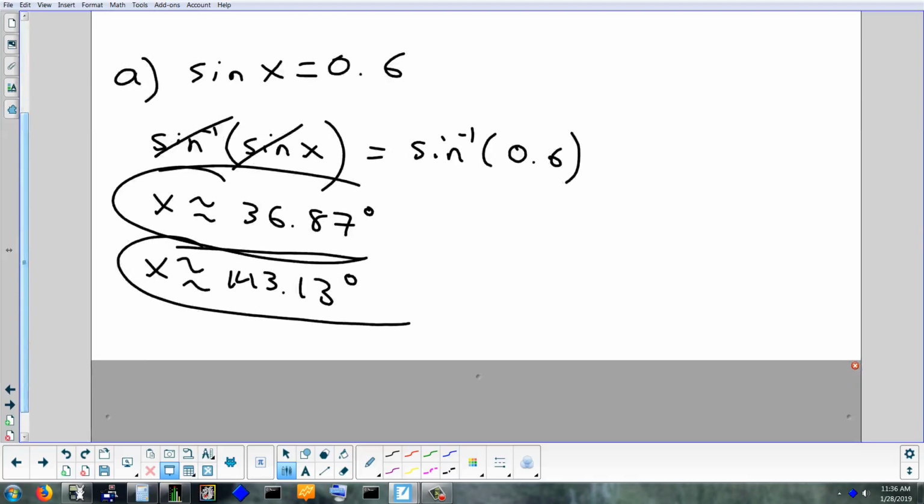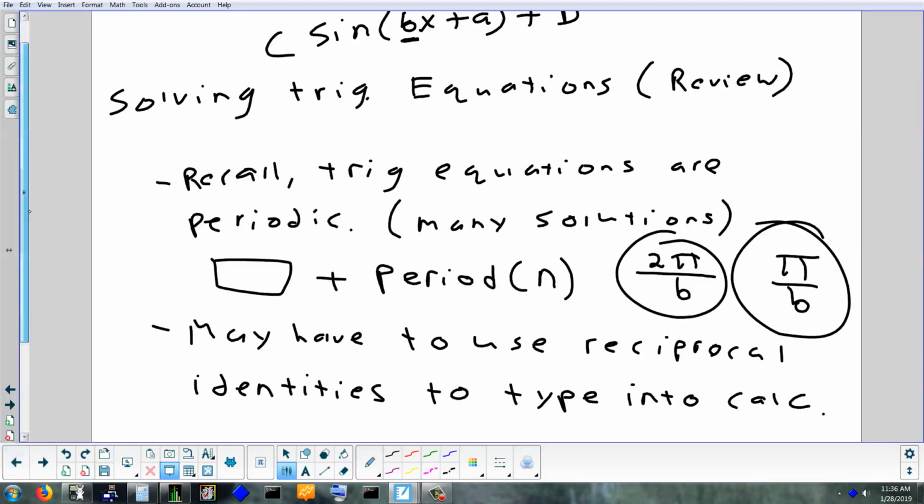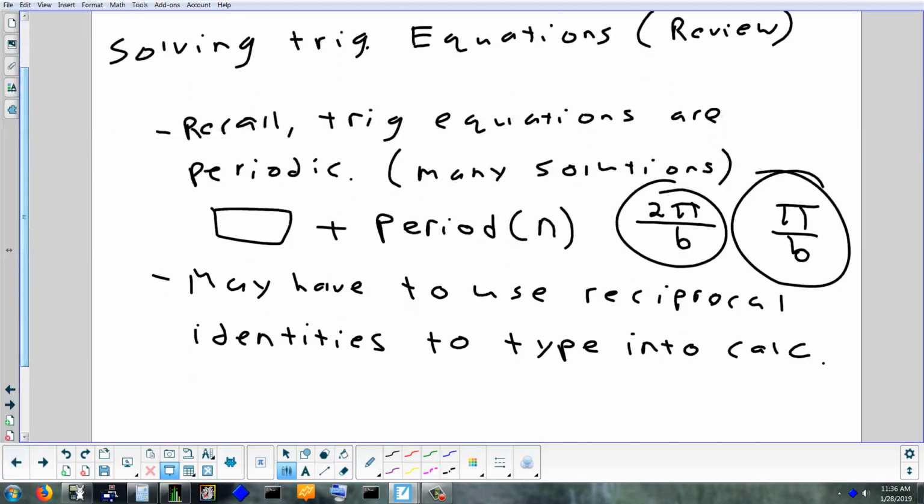You don't have to give me any specific numbers, but we always put plus this times this. Plus, you have one answer, and then you have to put plus period times n.